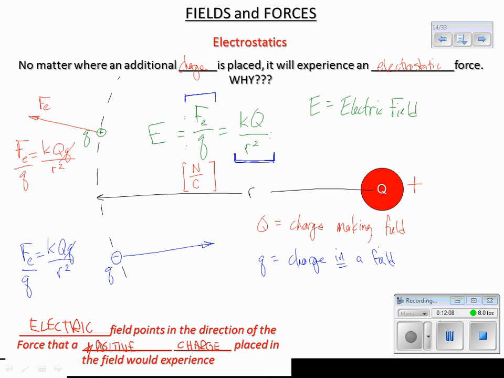All right, at, say, this location right here, location X, which is not a charge, that's just a place in space. The electric field would point away from that positive red charge. I should do it in red. Because if we were to put a positive charge at that location, it would be pushed away from our big red positive. Okay, so there's a little convention about electric fields.